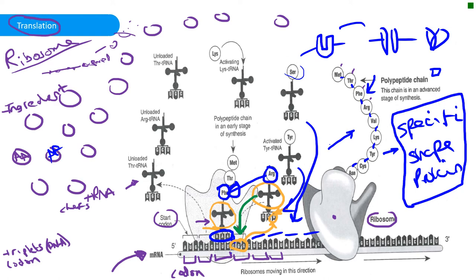When we're talking about proteins, we mean specific shape, and we've seen that so many times already in our learning. So that's translation. It's basically getting hold of the copy of DNA and reading it and then bringing the right ingredients together to make the protein that the cell wanted in the first place.